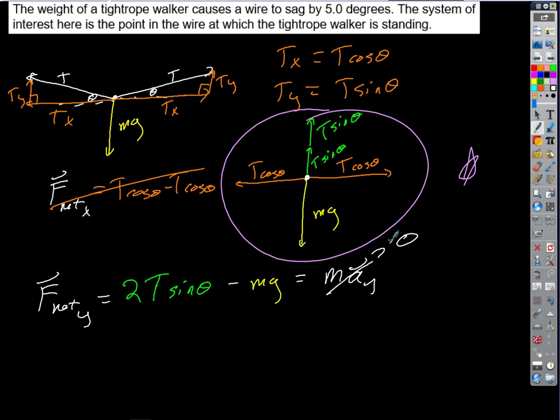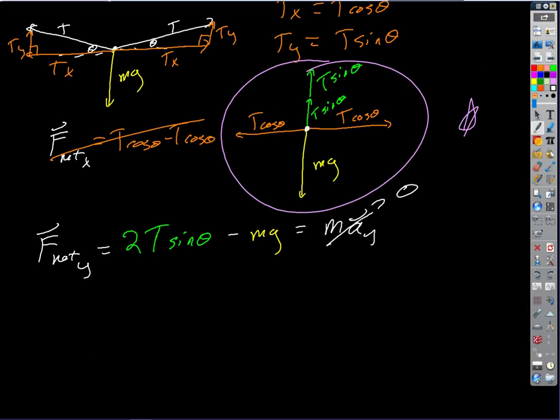Okay. So what about then this equation? We're trying to solve for T. That's the only unknown because theta is actually 5.0 degrees, right? So we can do that. If this is all equal to 0, this equation of motion allows us to do some algebra and solve for T, right?